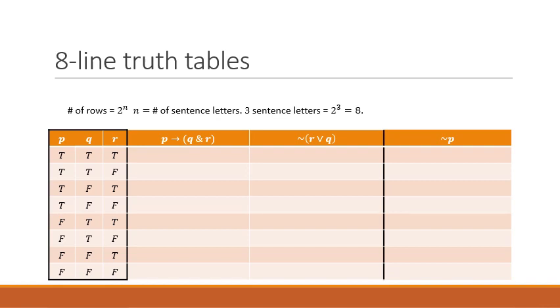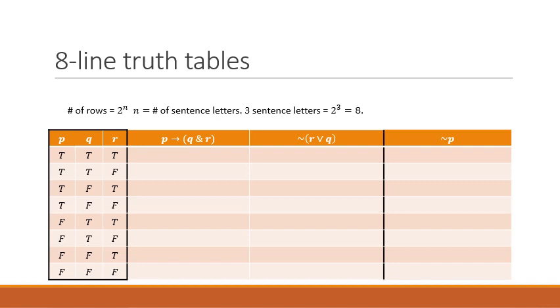Divide that by 2, it's 2, and you get the Q. Q's go by 2s, and then you divide that by 2, you get 1, and then you get true, false, true, false. So each time you divide everything by 2, or split it in half, and you get the algorithm. By 4s, and then by 2s, and then by 1s, that will get you all 8 possible combinations.